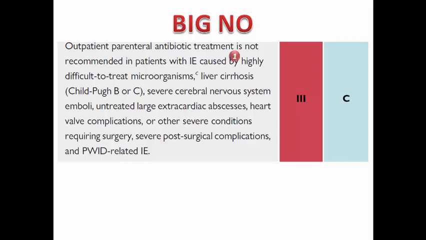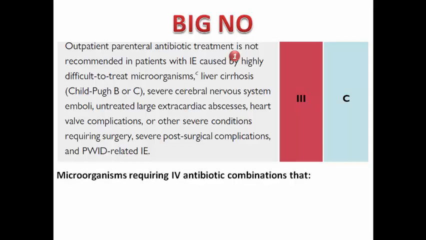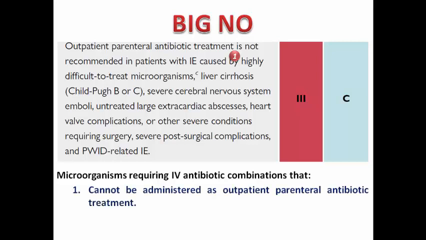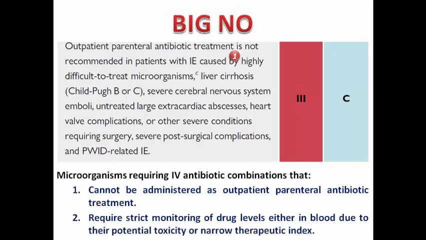And the big no, a class 3, is to shift to outpatient parenteral antibiotic treatment for patients with infective endocarditis caused by highly difficult-to-treat microorganisms. These are the organisms requiring IV antibiotic combinations that cannot be administered as outpatient or require strict monitoring of drug levels in the blood due to their potential toxicity, for example, vancomycin or sometimes high-dose gentamicin.